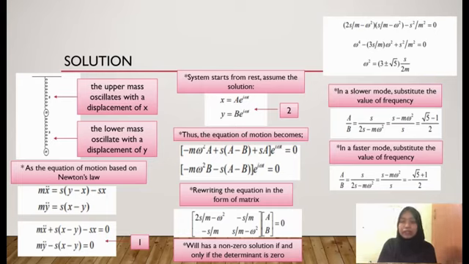So we will get negative the square root of 5 plus 1 over 2. So we have proven that the given frequencies of the normal modes of oscillation are true, which are omega squared equals (3 plus or minus the square root of 5) times s over 2m.